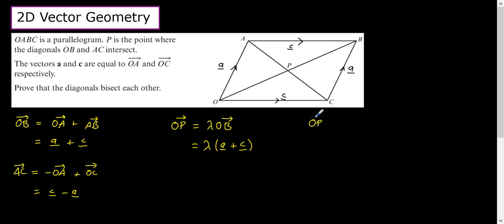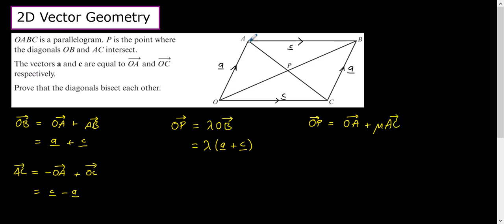So I'm going to write OP in a different way that involves the diagonal AC. So OP is going to be OA first, from O to A, and then plus some fraction of A to C. I'm going to use mu, which is the second go-to letter that we typically have when working with vectors. And I'm going to say that that's mu of AC.